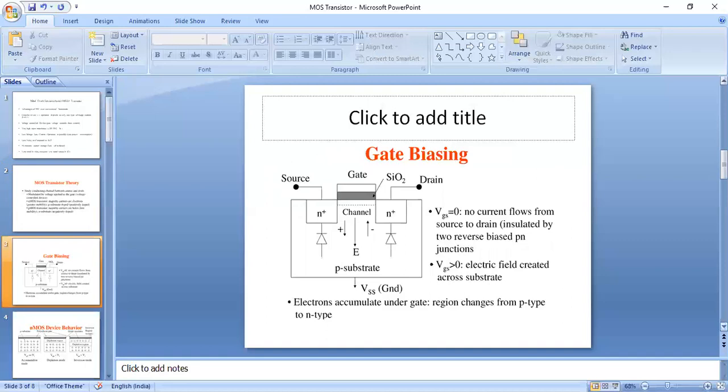We are starting this device with a P substrate, so which type of transistor does it belong to? NMOS transistor, is it not? NMOS transistor. Okay.